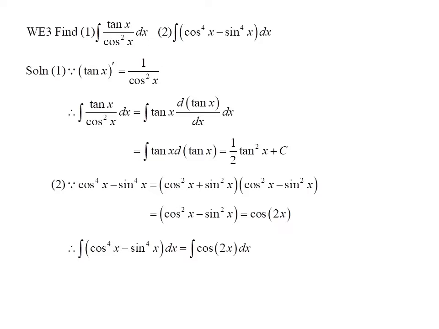Therefore, the antiderivative equals the integral of cos 2x dx, which is 1 over 2 times sine 2x plus c.